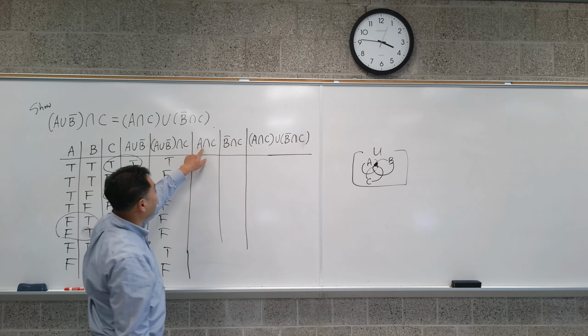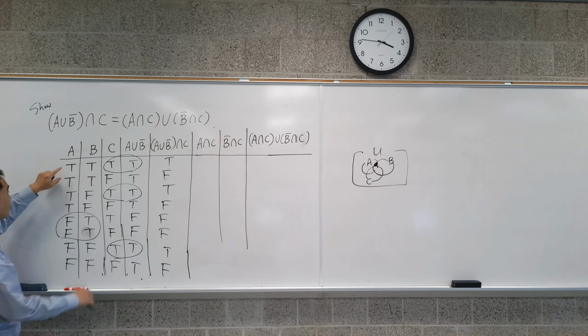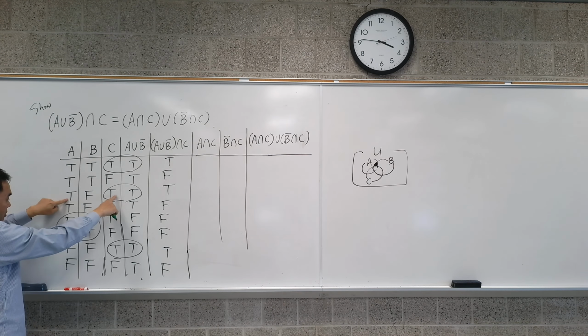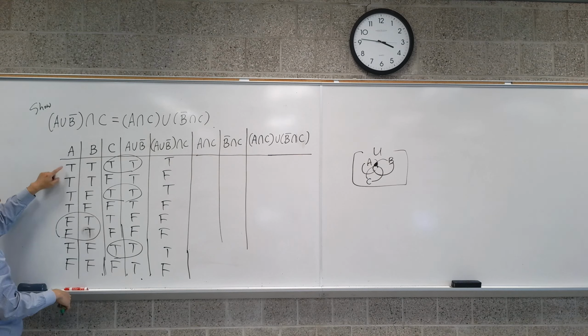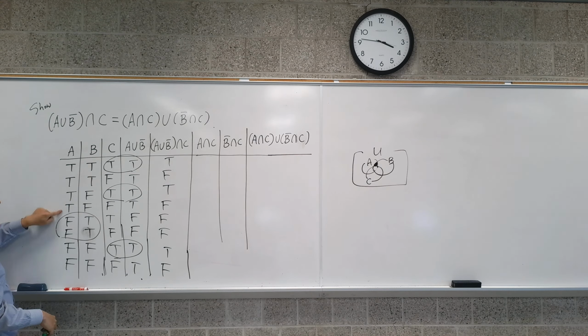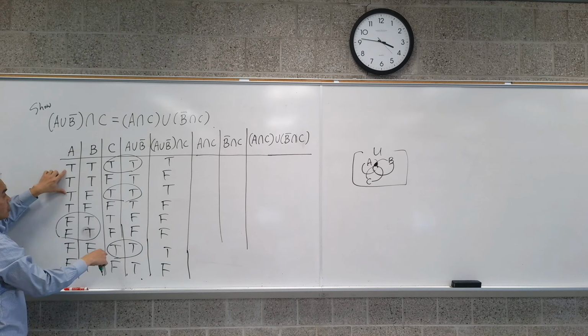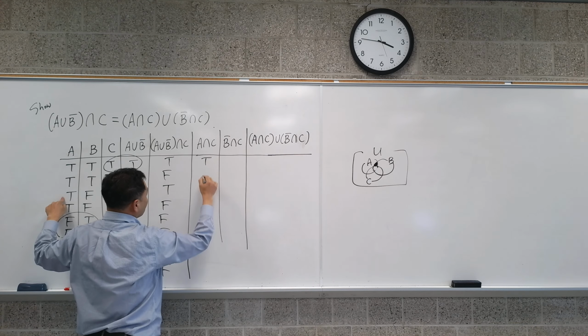Another case of AND is true only when they're both true. So A true, C true, we're looking for that. There's one here, there's one here, and I can't find any other place. So these two are the cases when you have true and true.